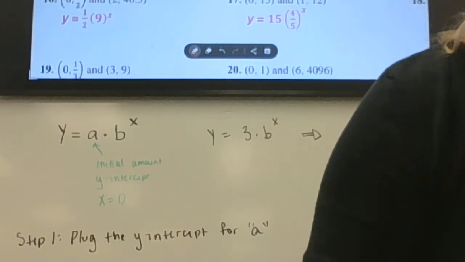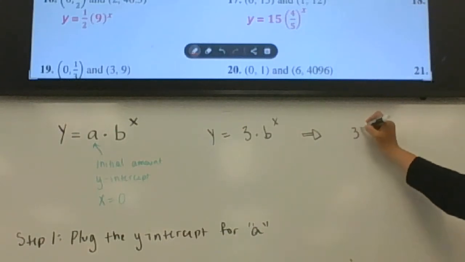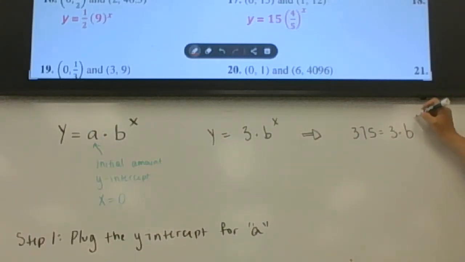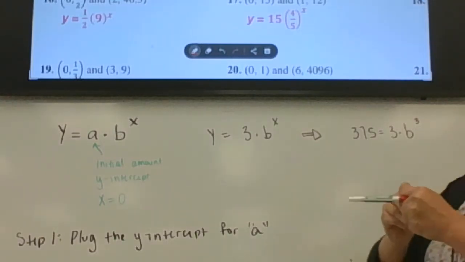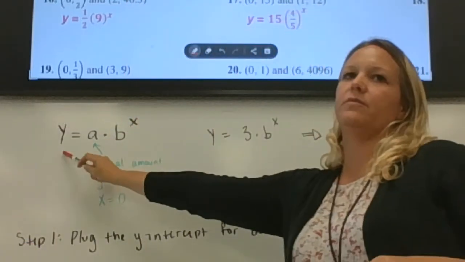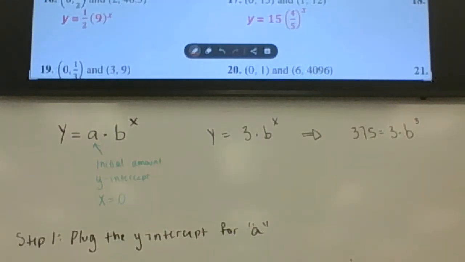It helps if you write the model down every time. So we got 375 equals 3 times the base. We aren't told the relationship here. Where did you get 375? The second point. This x and this y get plugged in for x and y. And now we can solve.